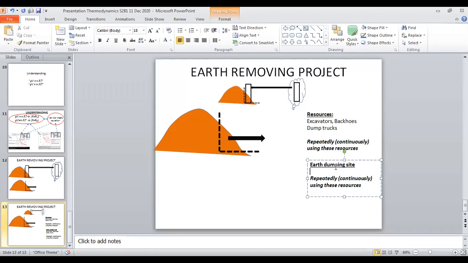Why? To unload the truckloads of earth removed from the construction site. So you have to have a suitable earth dumping site.